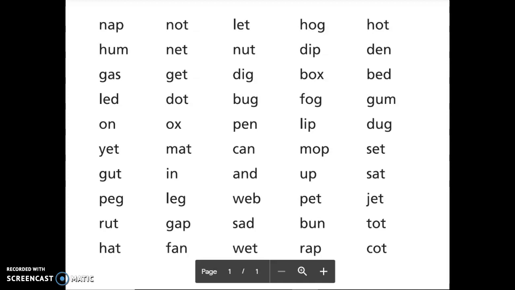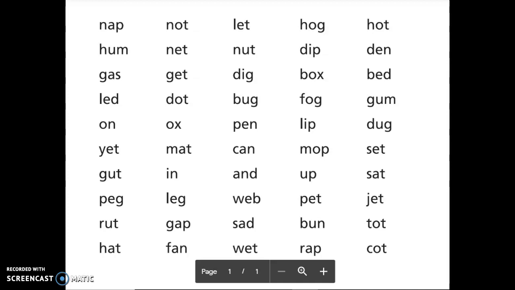And I'm going to give you as much time as you need to figure out all the words that have the short E sound, which we know is eh.